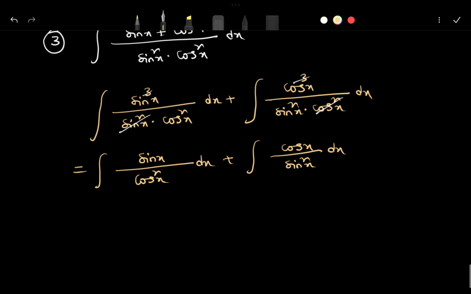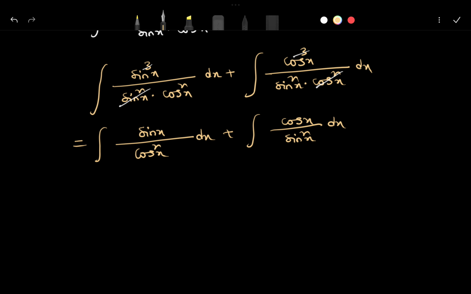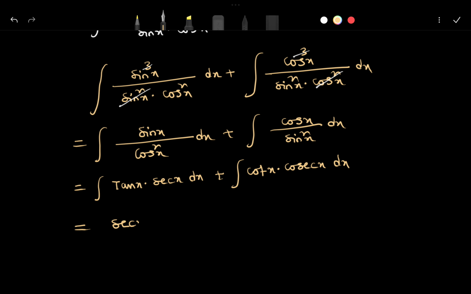Now you see, integration of sin x by cos square x we can write as integration of tan x into secant x dx, plus the next one, integration of cot x into cosecant x dx. You know, in the above standard formulas, the first one, the integration will be secant x.